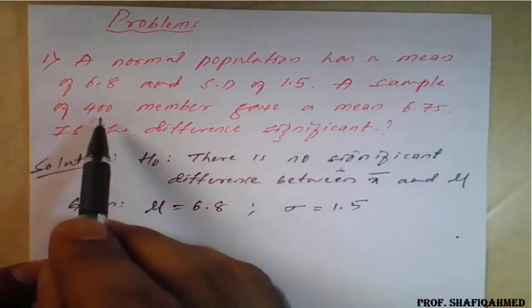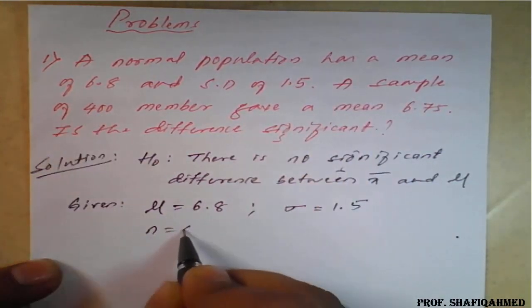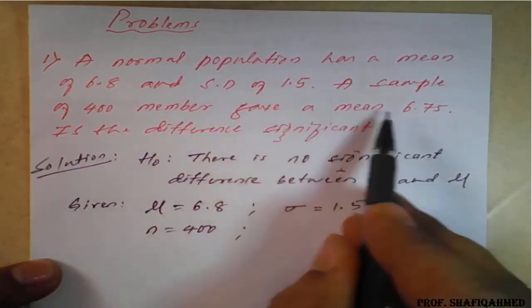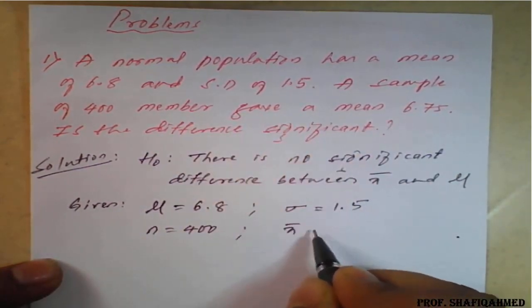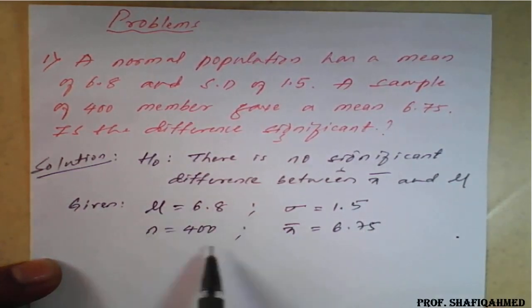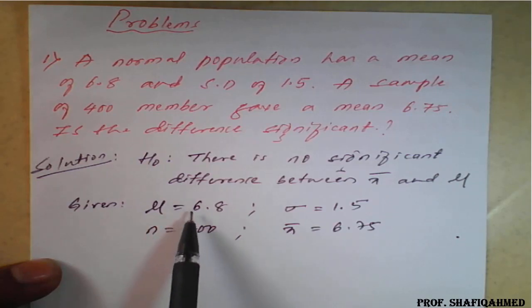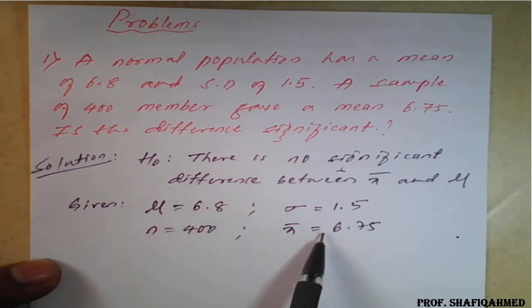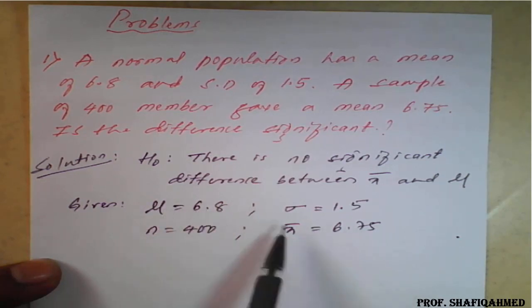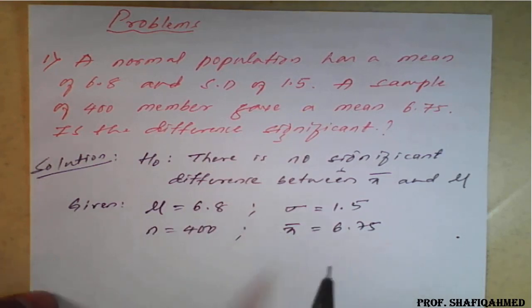A sample of 400, means n is equal to 400, members give a mean, that is x bar is equal to 6.75. These are the data from the given question. I considered that there is no difference between 6.8 and 6.75. We'll check whether this is true or not by using the formula.